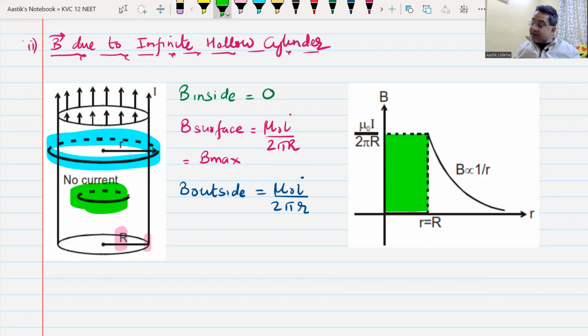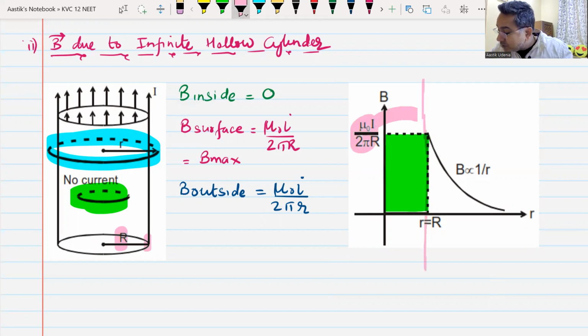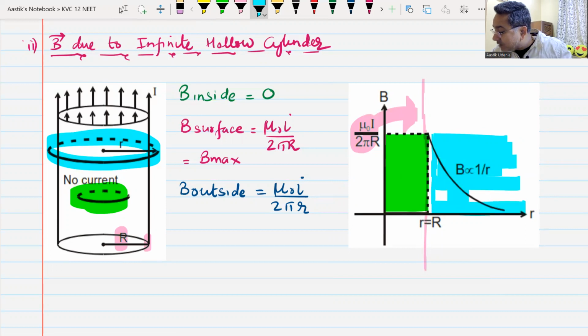This point is the surface point, and you can see at this point the magnetic field is maximum, mu naught I by 2 pi R. Outside, the magnetic field is in the blue range. That blue thing is for outside, and outside everywhere the magnetic field is mu naught I by 2 pi small r. Have you understood this?